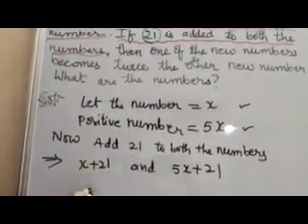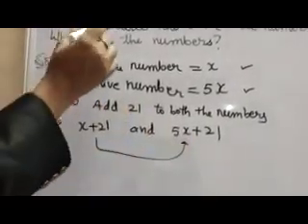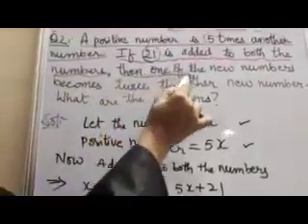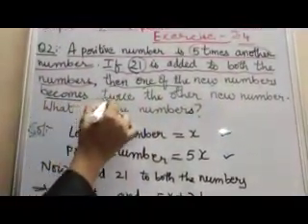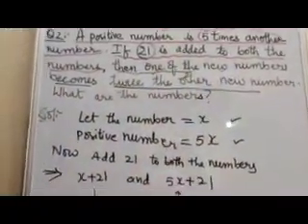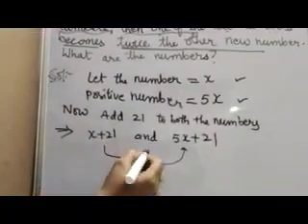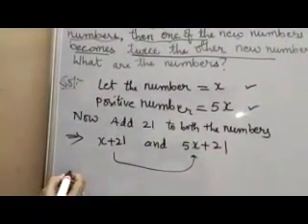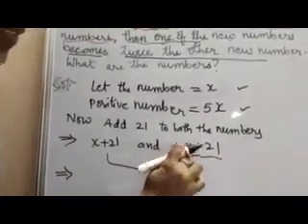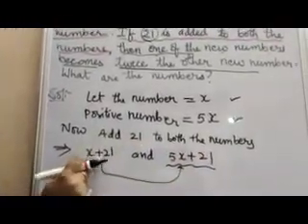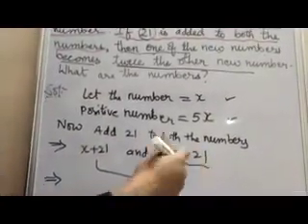So what is the relation between this number and this? It is given that one of the new numbers becomes twice the other new number. Here you should carefully note which number is twice the other number. Certainly the larger number. Here it is 5x plus 21 and x plus 21. Certainly 5x plus 21 will be the larger number.